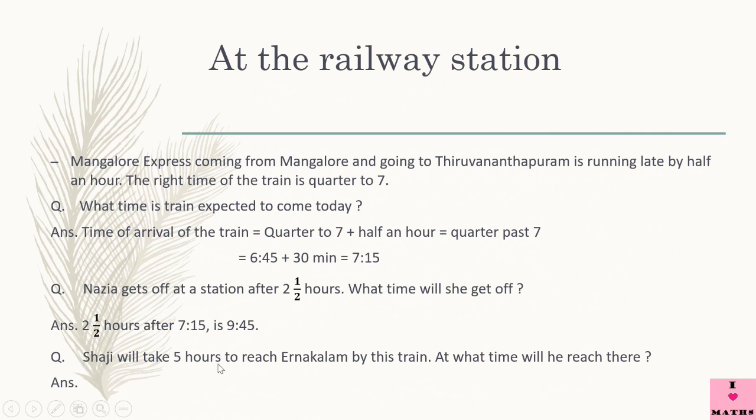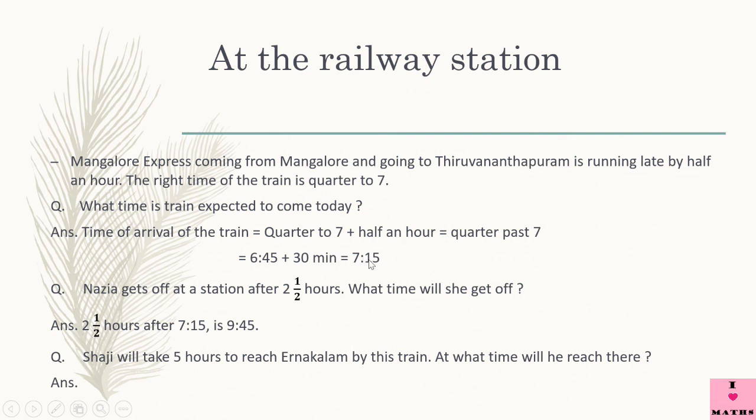Okay, let us do this last question. Shaji will take 5 hours to reach Ernakulam by this train. At what time will he reach there? Okay, now children, the train started at 7:15.